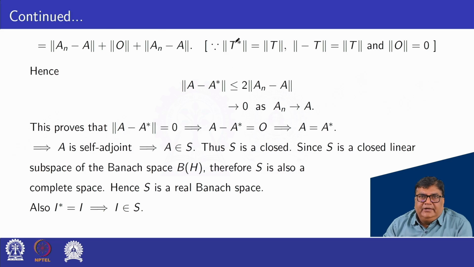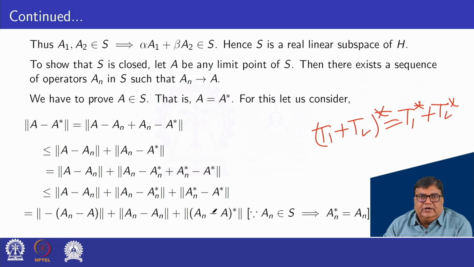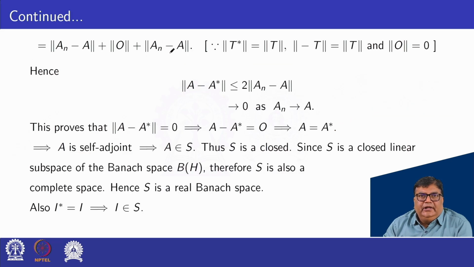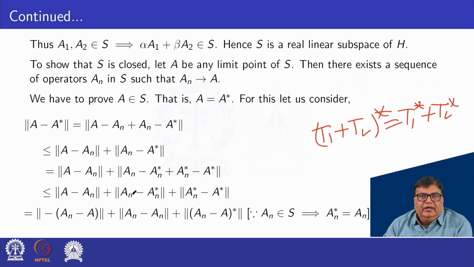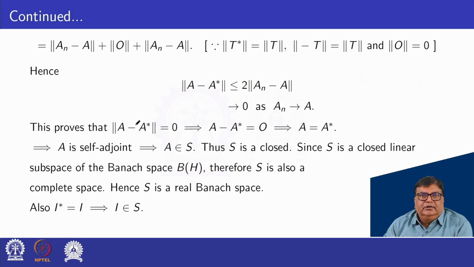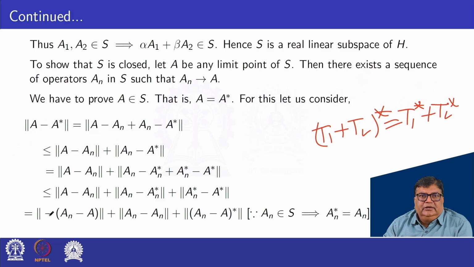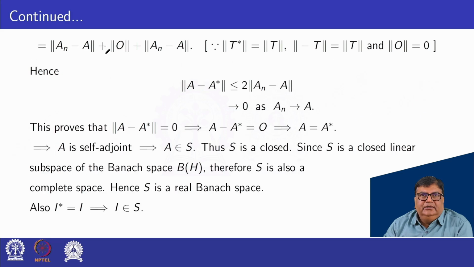Because norm of T star is equal to norm T. So this can be written as norm An minus A, and here An star is equal to An, so An minus An is the norm of the zero operator, and this can be written as mod minus 1 into norm An minus A, plus the norm of the zero operator, that is 0.